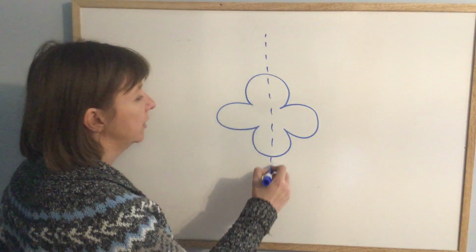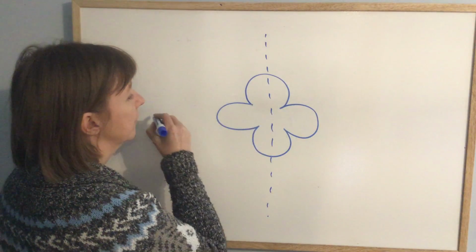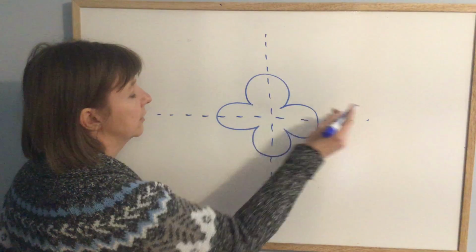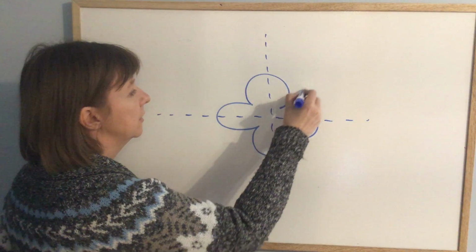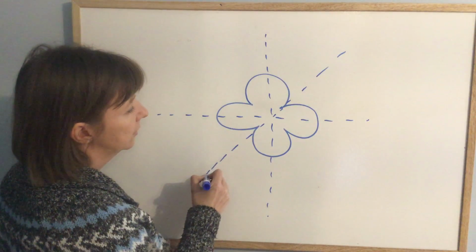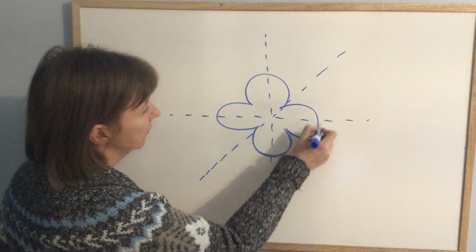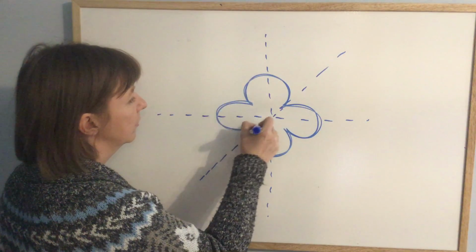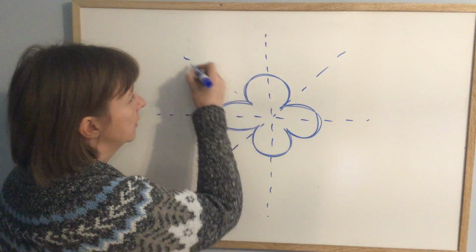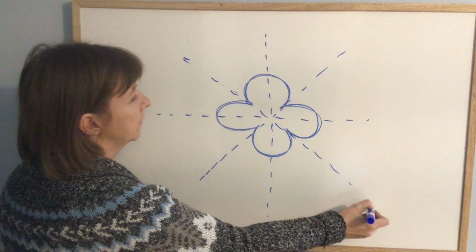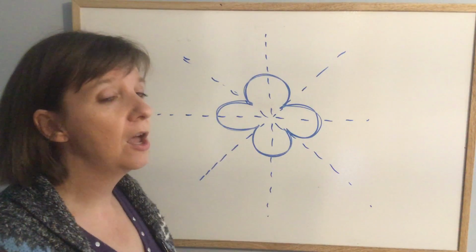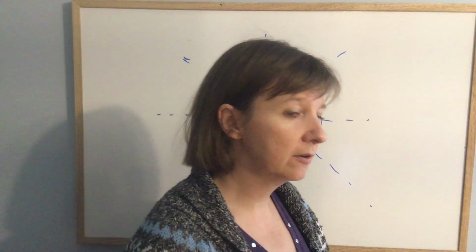Because I could draw one here, and it's the same on the left as it is on the right. I could draw one here, and it's the same. You've got these 2 lobes, and you've got these 2 lobes. And I could draw one here. So there's actually 4 lines of symmetry on that, okay?